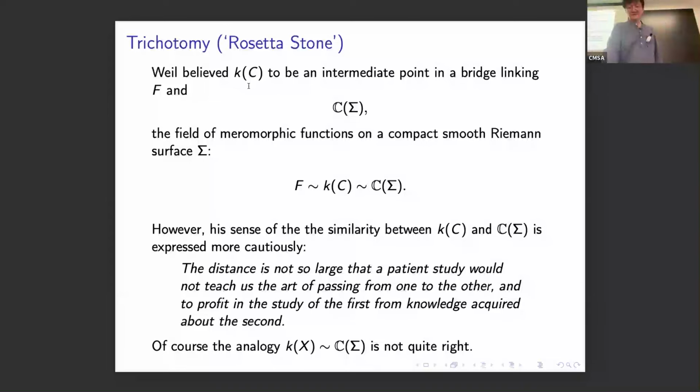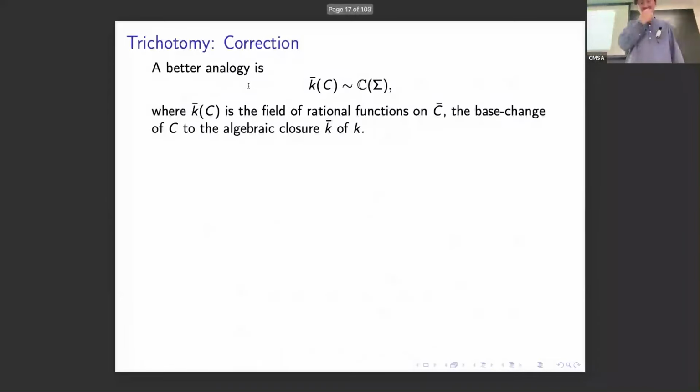The superficial reason is that the better analogy is that you should not look at the field of functions on C, but the field of rational functions on C bar, the base change of the curve to the algebraic closure. There you get something much closer to a Riemann surface, and its field of functions is much more like the meromorphic functions.